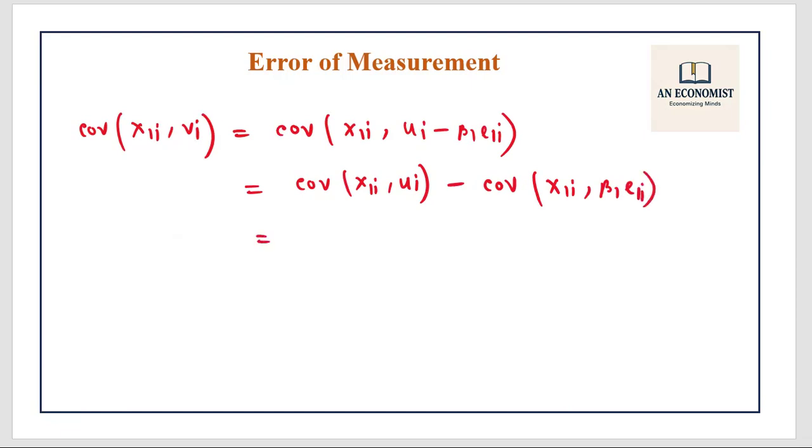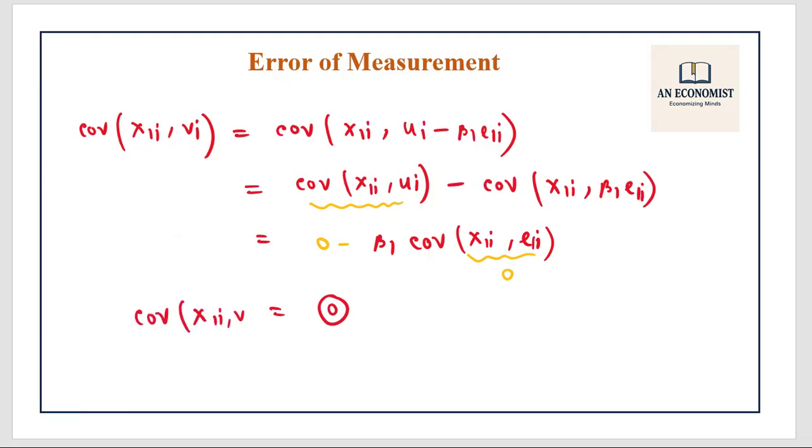Now covariance of x1i, ui, by assumption, we have assumed to be 0. Then you have this minus beta 1 comes out, covariance of x1i, e1i. Again, this we have assumed to be 0 in the assumptions. So altogether, this entire thing will come out to be 0. So there is no problem of endogeneity in this model in the presence of measurement error, right?